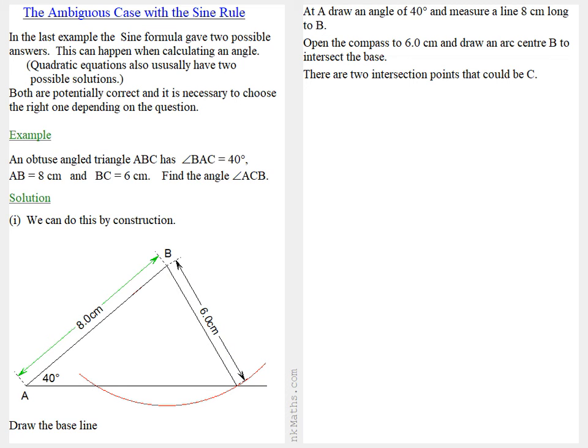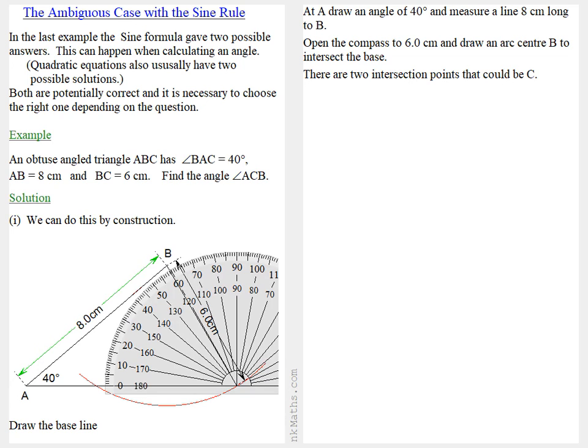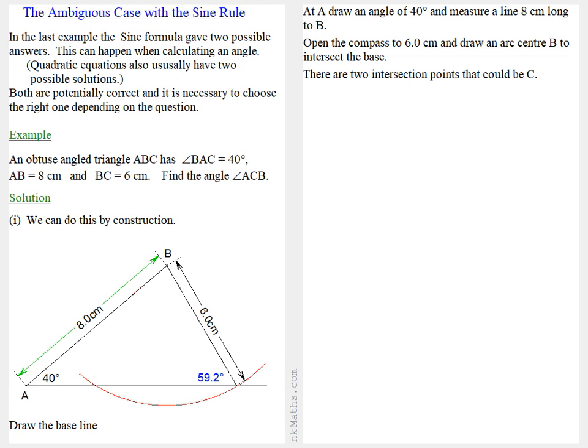Now, in the first case, we can measure the angle ACB using a protractor and find it's 59.2 degrees. Now this means the angle ABC is equal to 80.8 degrees because the angles in the triangle add up to 180 degrees, and we see the triangle is not obtuse.